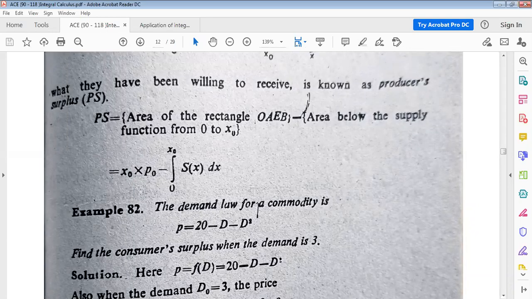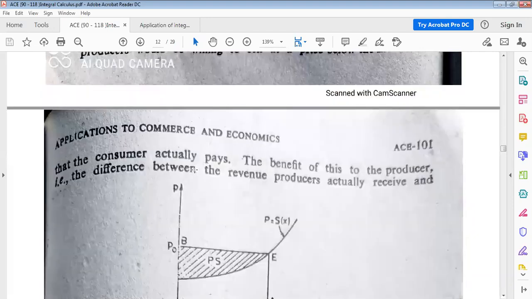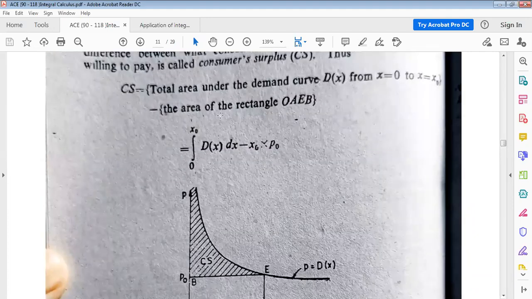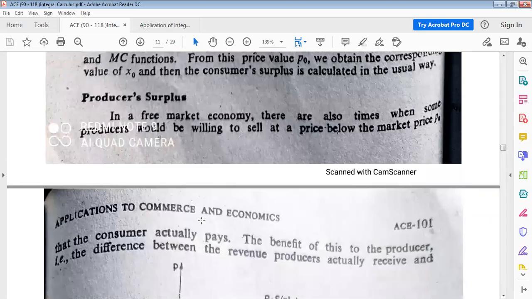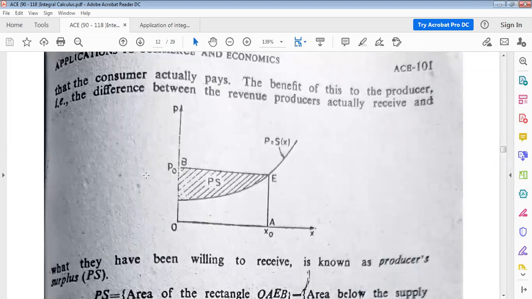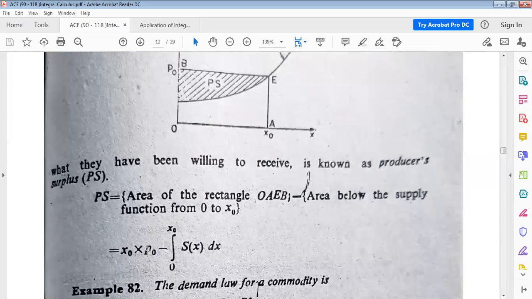This is the formula for producer surplus, and this is the formula for consumer surplus. This is the geometrical interpretation for consumer surplus, and this is the geometrical interpretation for producer surplus. Remember, this is the whole rectangle; by subtracting this blank area we get this. x naught p naught is the area of the rectangle: x naught is the length along the x-axis and p naught is the length along the y-axis.